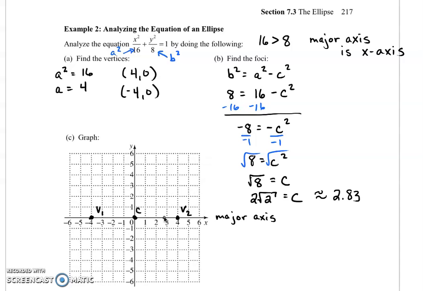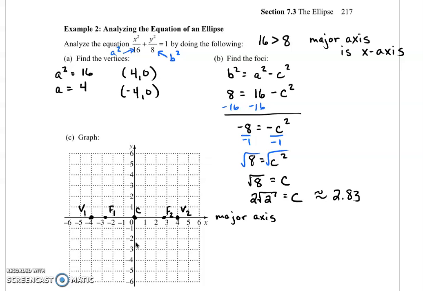So one of those is about right here, and one of those is about right there. Let me move my labeling so it looks right. So this is our V2, that's V1. Yikes. V1 and F1, and this is our F2.